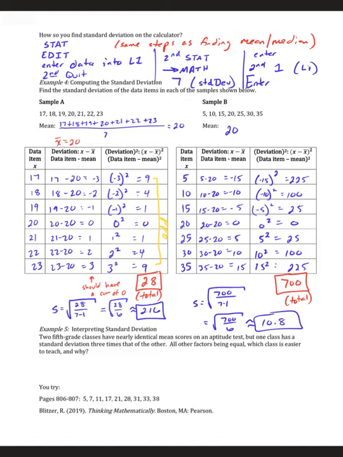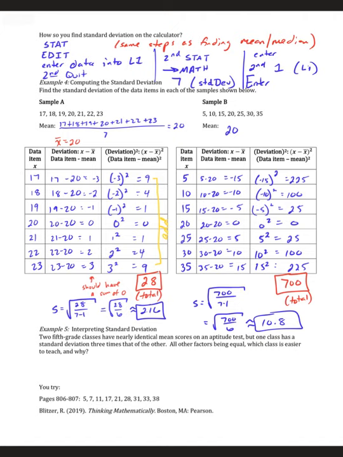Okay, now when we think of this, we can use the example from above as we guide our way through it. Let's think of these as our two classes, sample A being one of the classes, sample B being the other. And you want to say, okay, which one would be easier to teach? Because these ones do have drastically different standard deviations. And we're talking about the aptitude test.